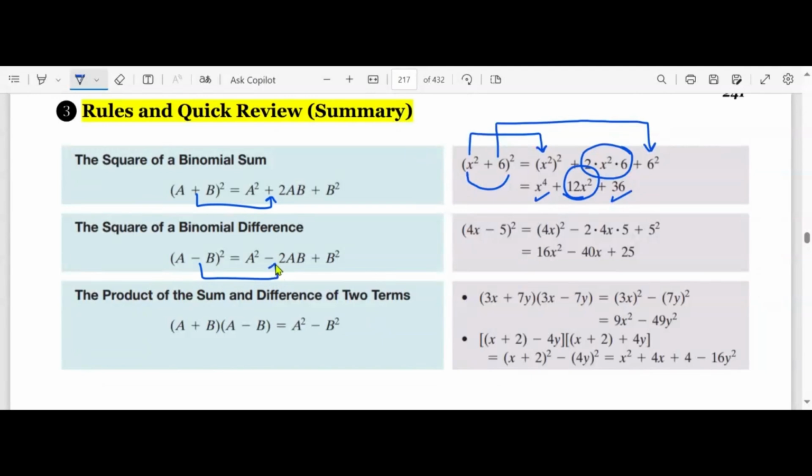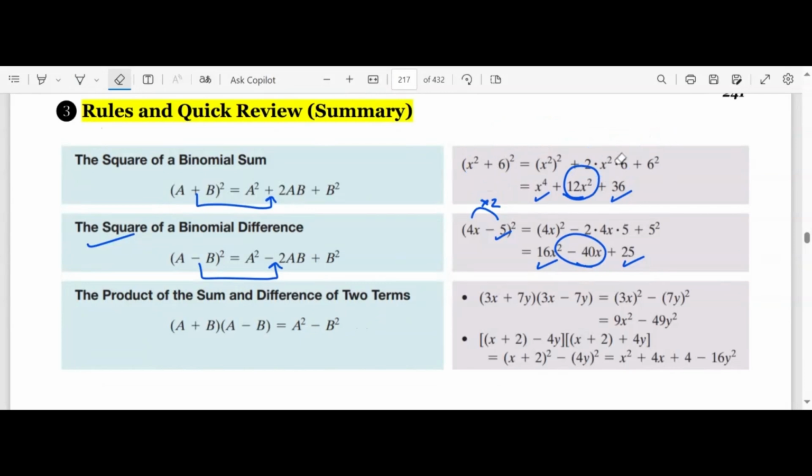Here the same sign is negative. Let's take an example. 4x minus 5 all squared. Square the first, 16x squared. Square the last, positive 25. Multiply the first times the second times 2. You get negative 40x. Is this clear?